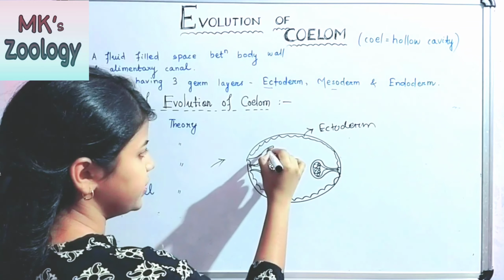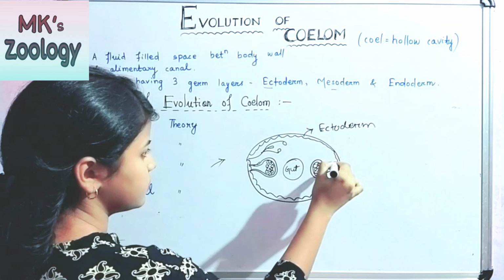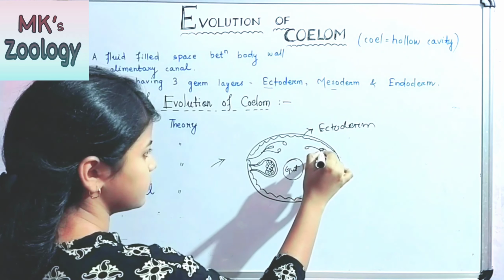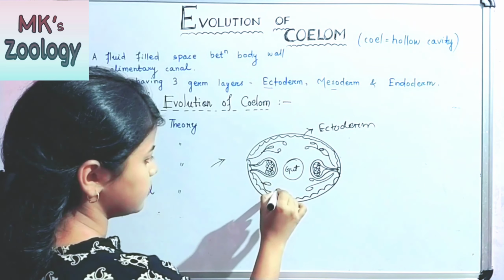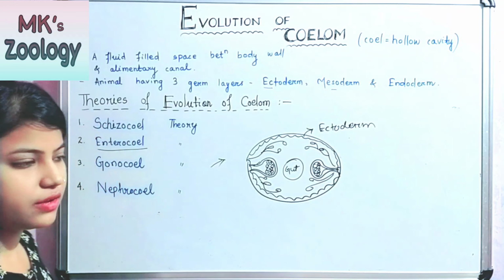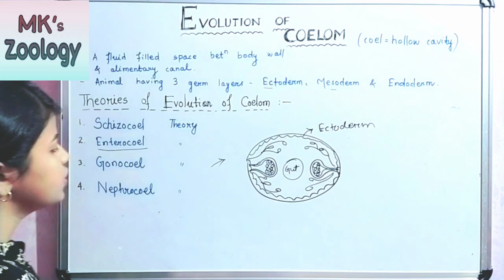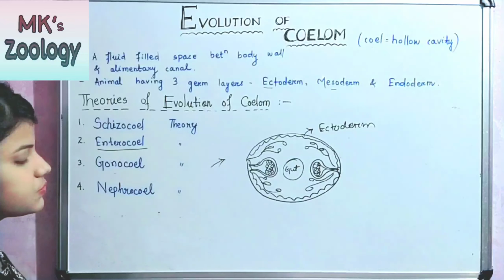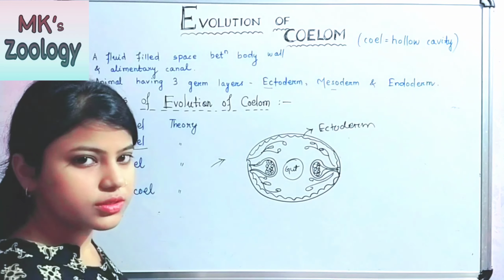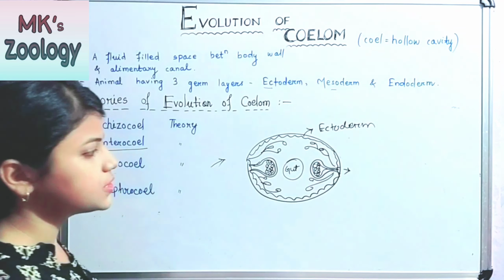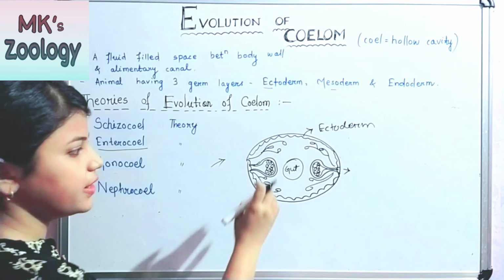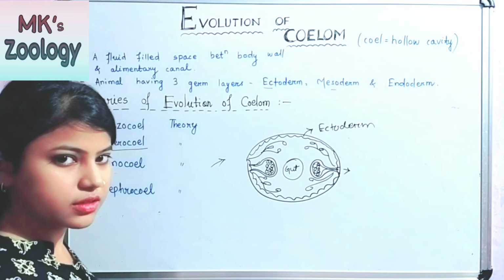Okay, these are the nephridia and these are the gonadal cells. So in the gonocoel theory, Bourne proposed that the coelom is formed by the expanded gonadal cavity, like this.